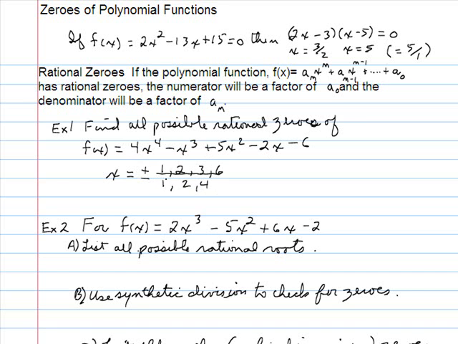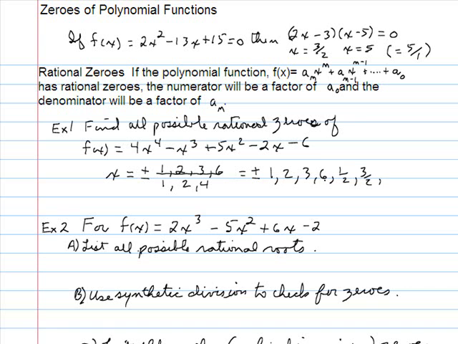Well, if I pick 1 for my first denominator, this is going to be positive or negative 1, because 1 over 1 is 1, 2 because 2 over 1 is 2, etc., 3, 6. Then if I go to my second denominator 2, 1 over 2 would be 1 half. 2 over 2 would be 1, but that's already in the list, so I don't put it in again. 3 over 2, 3 halves, is a new one.